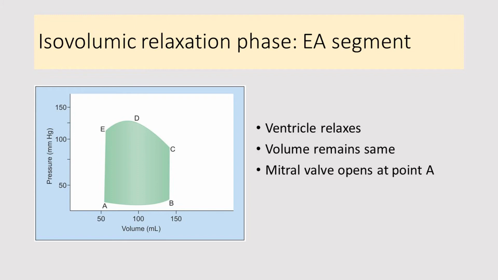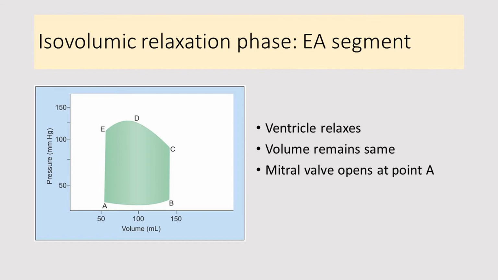During the isovolumic relaxation phase, look at the pressure and the volume inside the ventricle. There is a gradual decrease in pressure in the ventricle because of the relaxation of the ventricular musculature, and the volume inside the ventricle remains the same. So this phase is known as the isovolumic relaxation phase.